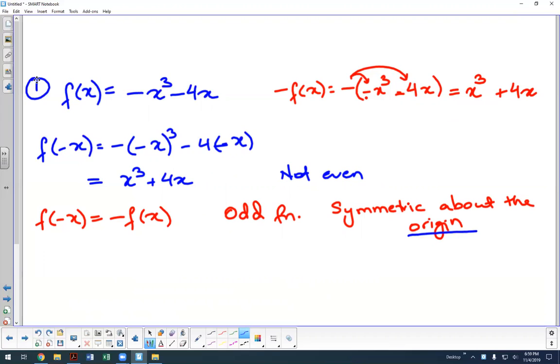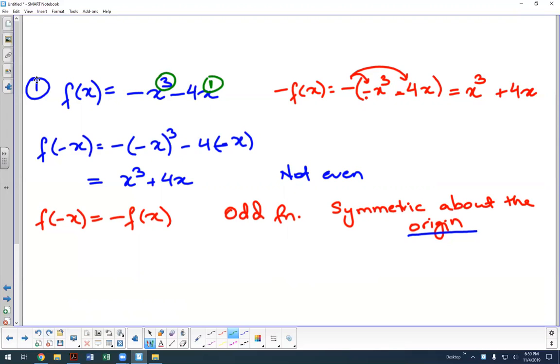Can you tell it's odd just by looking at it because of the 3 and the 1 exponents? Yes, exactly. So instead of having to go through this calculation, you can again just look at the exponents on the original function itself. And this one is 3. This one, of course, is 1.